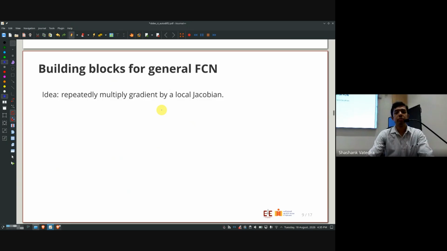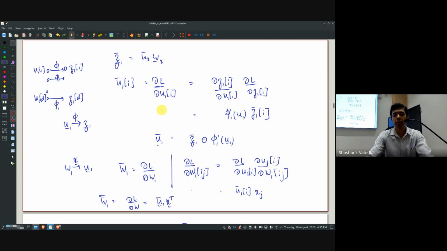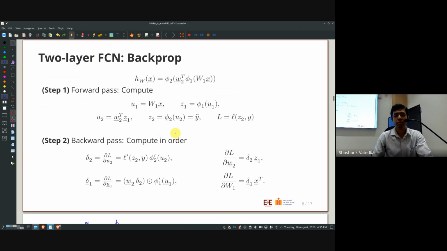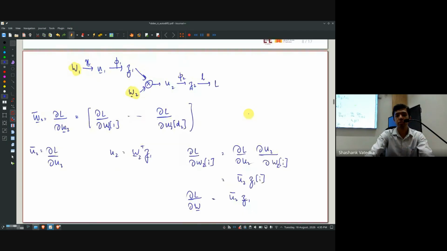So for a general fully connected network, it's basically the same thing. So if we go back to what we did in every step here, starting from the end, we were propagating backwards up to the sources, from L to Z2 bar and then U2 bar, W2 bar, Z1 bar, U1 bar, and W1 bar.